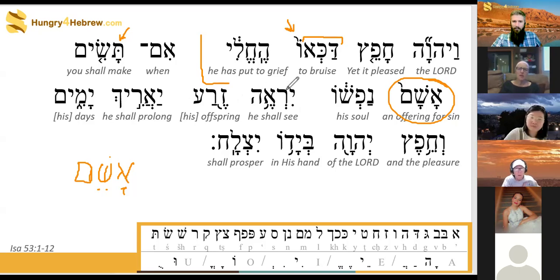Yir'e zera, he shall see his seed or offspring. Ya'arich yamim, he shall cause prolonging of his days. V'chefetz Adonai, in the pleasure of the Lord, biyado yitzlach, in his hand yitzlach. Tzalach has to do with being successful and prospering.